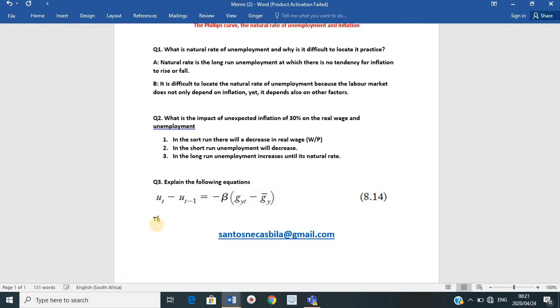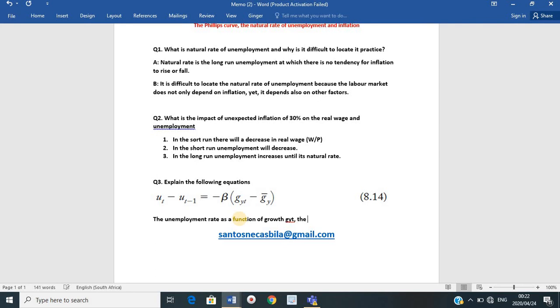We can just say the unemployment rate is a function of growth, g_yt, is a function.